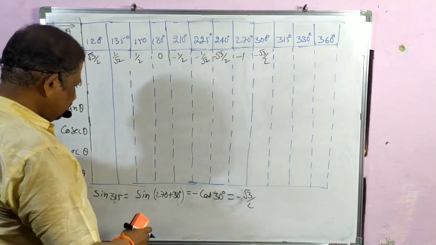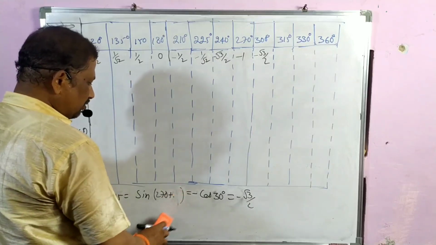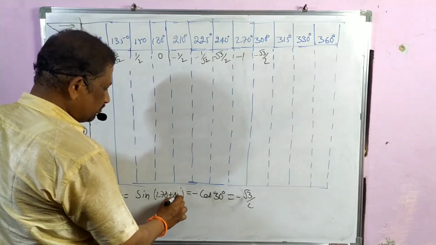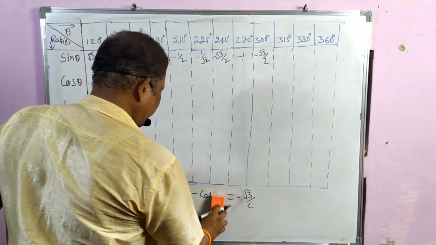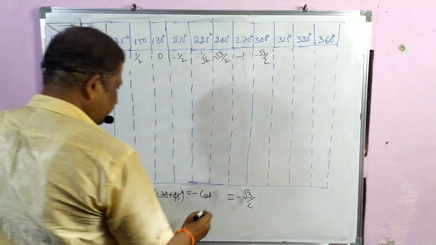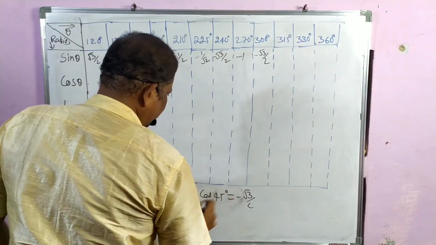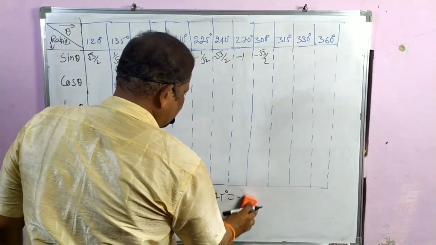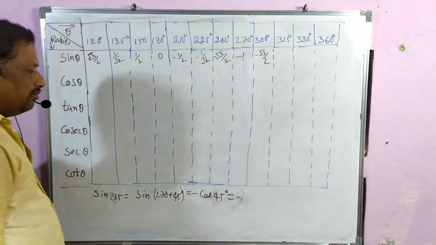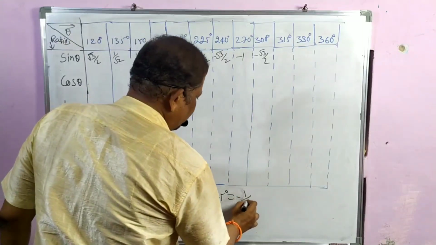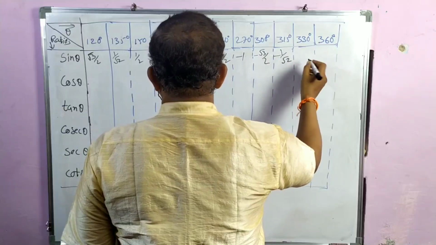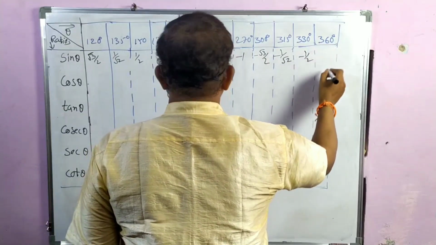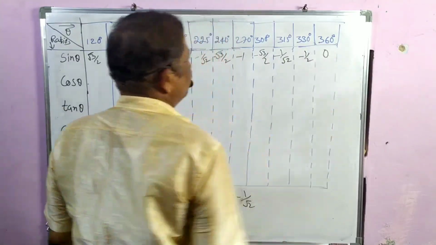For 315, 270 plus 45 degrees becomes cos 45 degrees. Same way it falls in the fourth quadrant, where sin is not there. 45 means 1 by root 2, so minus 1 by root 2. Same way minus half will come and finally 0.